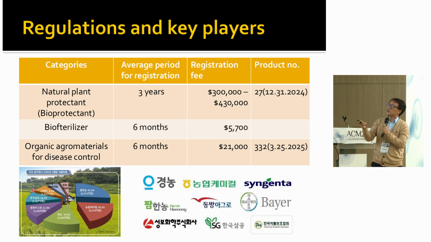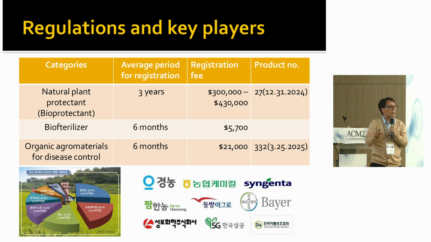And if you want to sell a biofertilizer, it takes only 6 months and 5,700 US dollars. Actually, there is another category, organic agro materials for disease control.